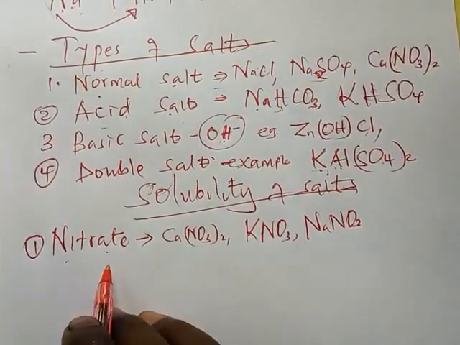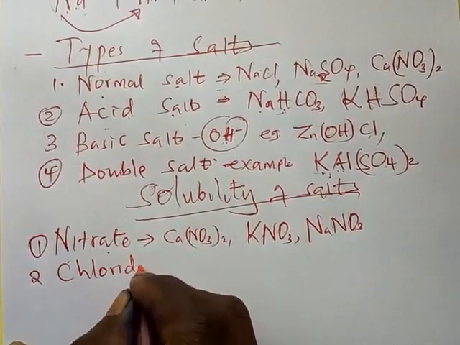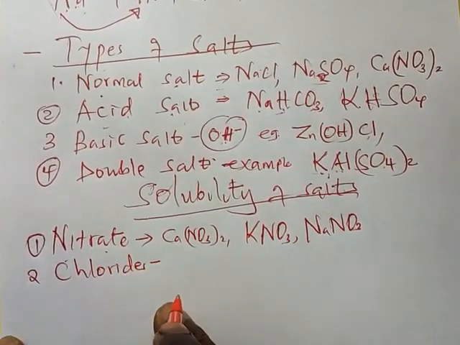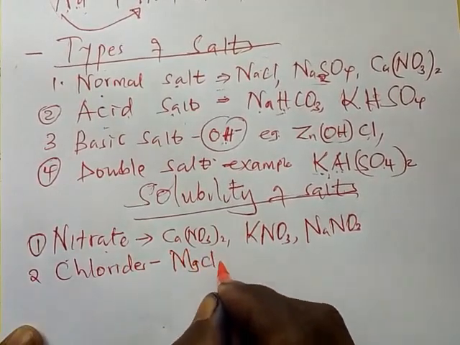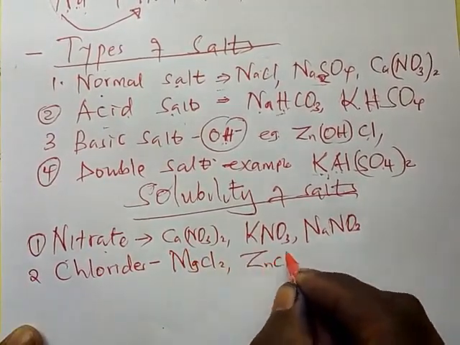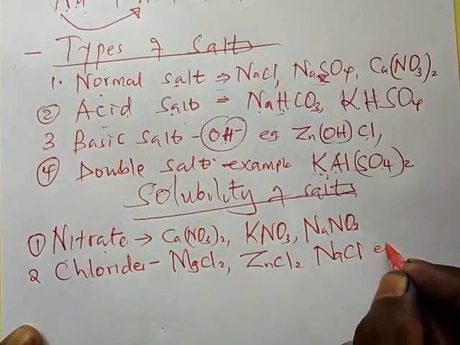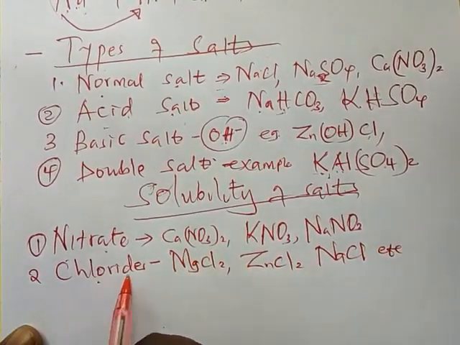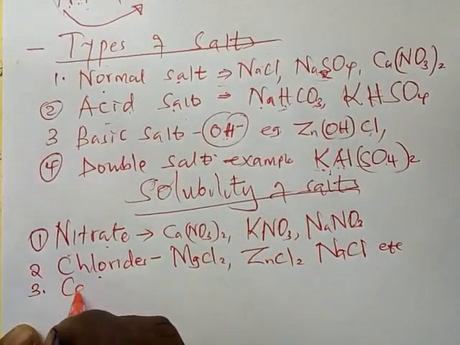Type of salt number 2 is the chlorides. When I'm talking about chlorides, you should know examples of chloride. We have magnesium chloride, zinc chloride, sodium chloride, etc. These are examples of chlorides. And then number 3, we have carbonates.